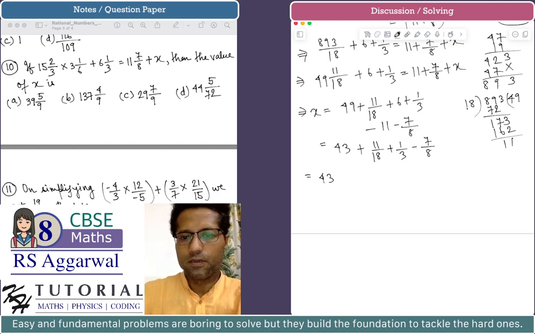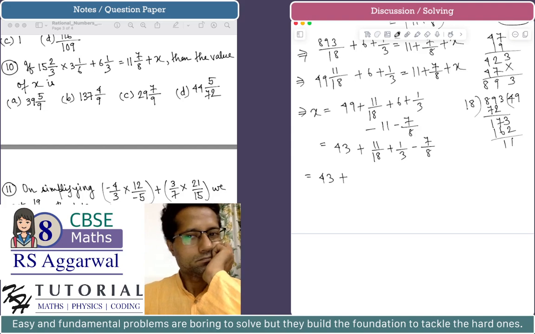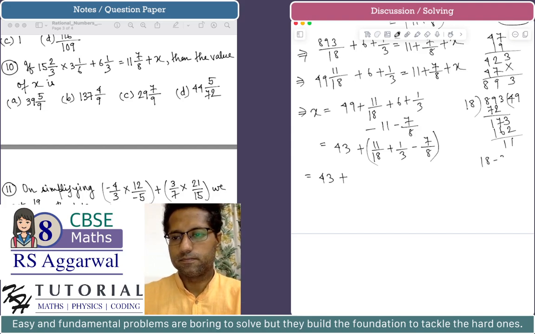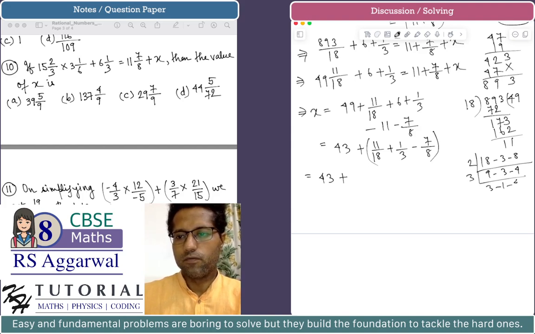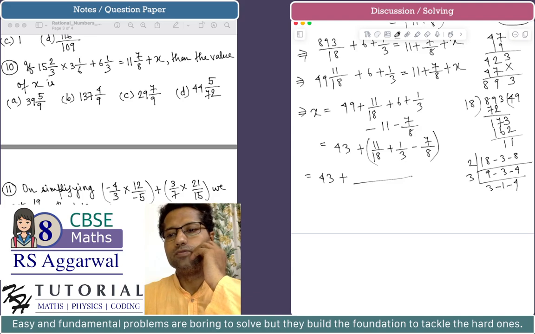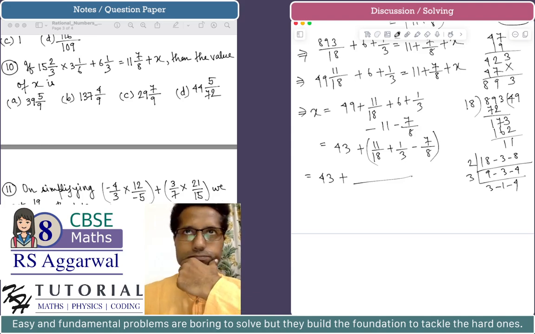Okay, so 44 plus, let's find out what this is. Let's simplify this. Now what is the LCM of 18, 3 and 8? The LCM is 2 into 3 into 3 into 4, that is 72.